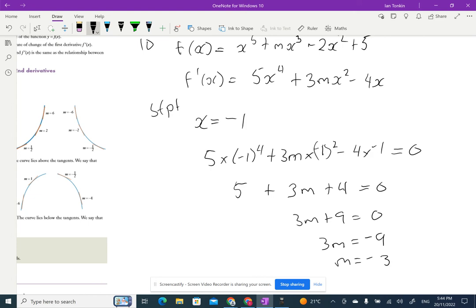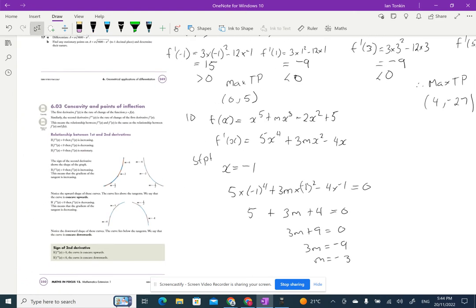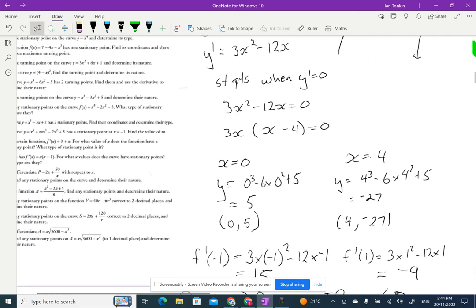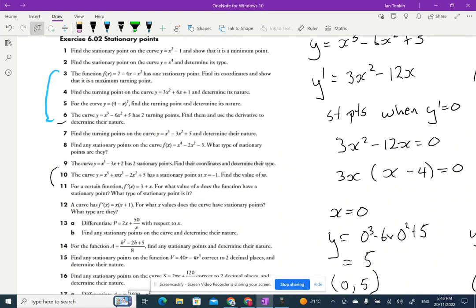What exercise is it? 602, question 10. Here we go. 602, question 10. M equals -3. Perfect. So make sure you go through and you do these and you do the cubics.